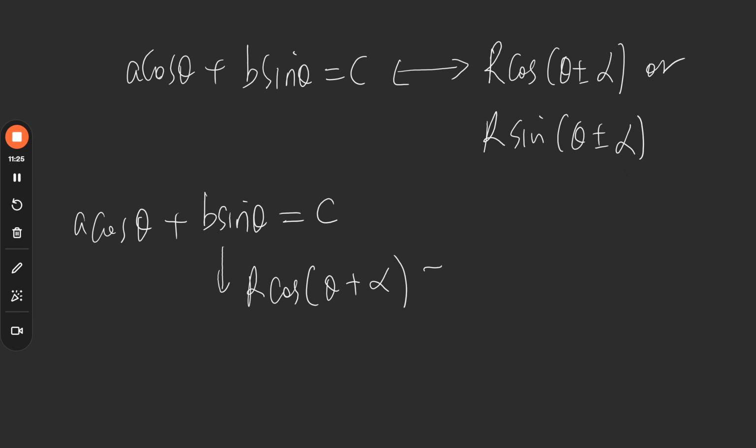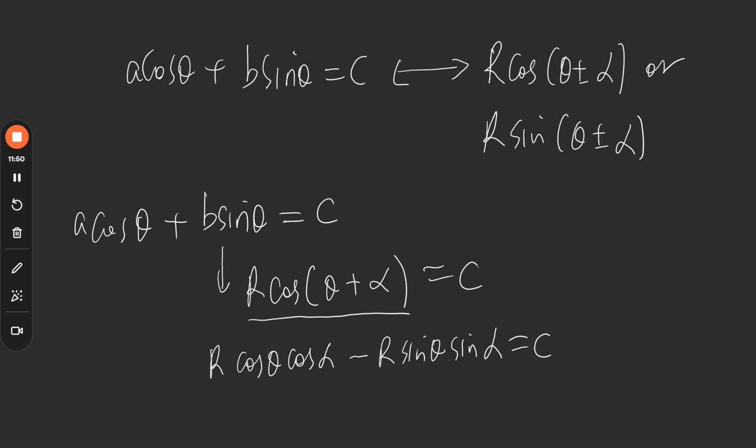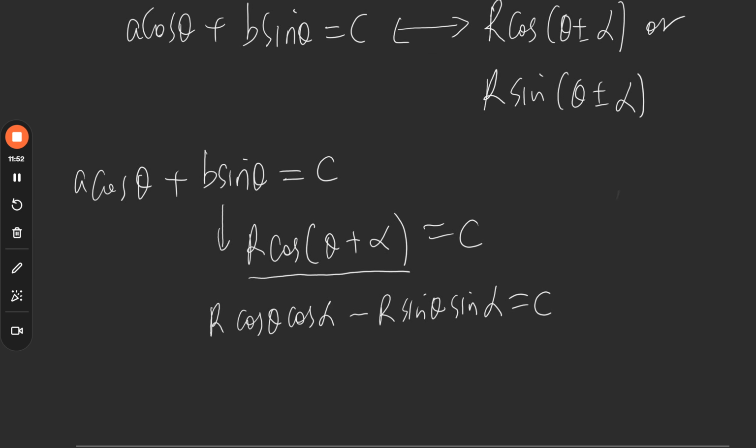so for us to be able to do this, we are going to expand r cosine theta plus alpha, and in our hand now we'll actually be having r cosine theta cosine alpha minus r sine alpha sine theta, that will be equal to c.